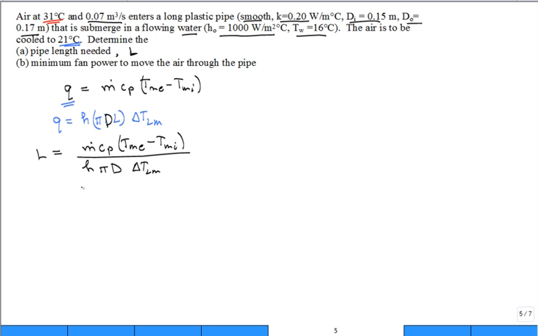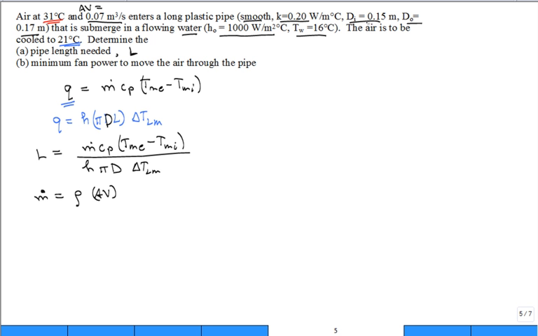All right, let's try to start calculating some of these properties. First of all, I'm going to have to calculate the mass flow rate of the air. Well, we're given a volumetric flow rate. The volumetric flow rate is given right here at 0.07 meter cubed per second, but I need the density of the air.